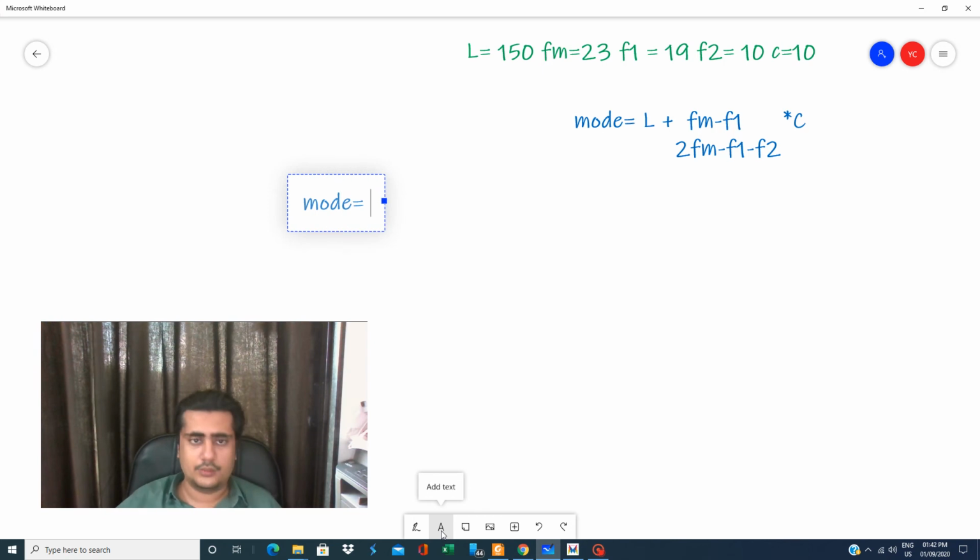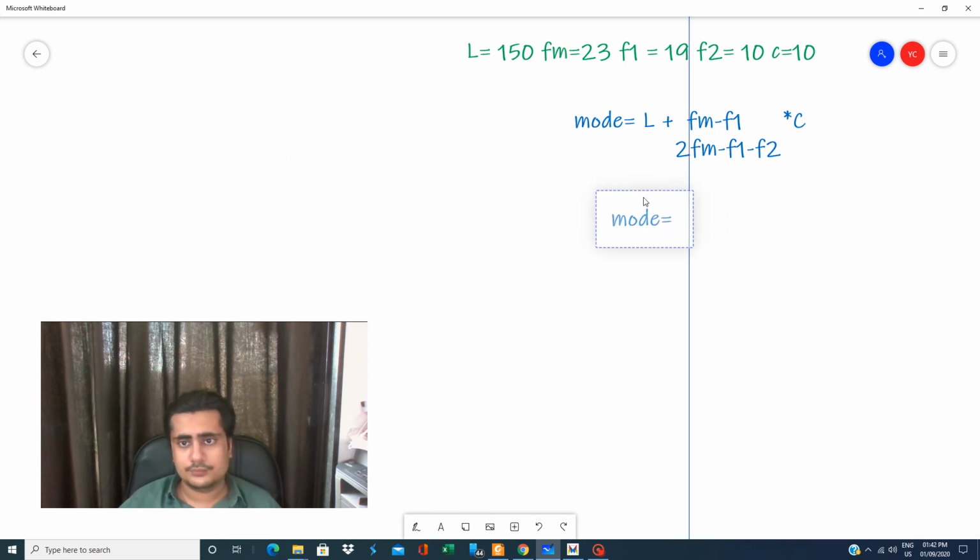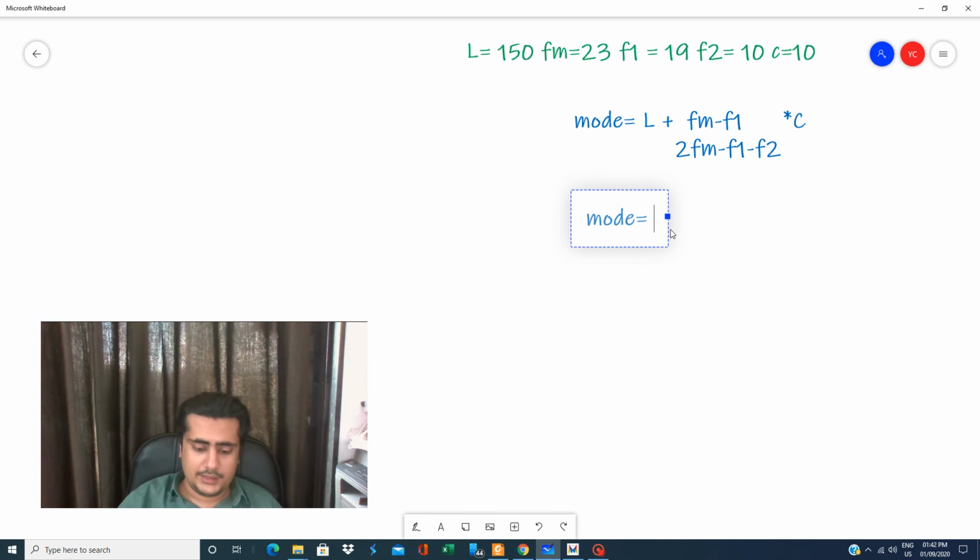Now the mode is equal to, what is L here?